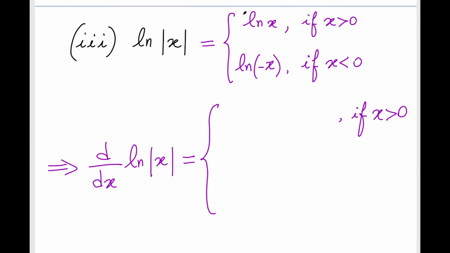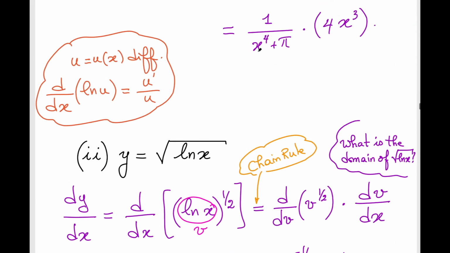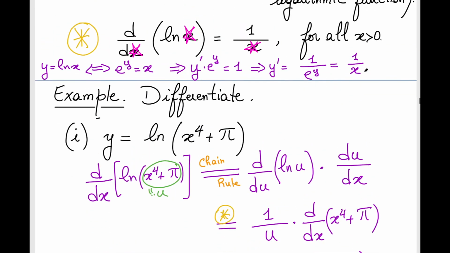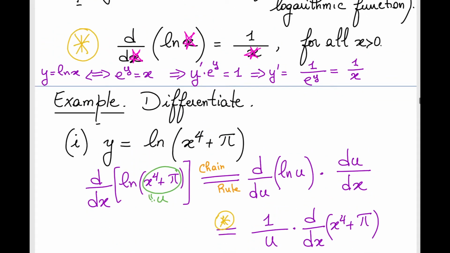And what's the derivative of ln of x with respect to x? It is 1 over x, correct? When x is positive. And again, this x I should have labeled it with the star, right?